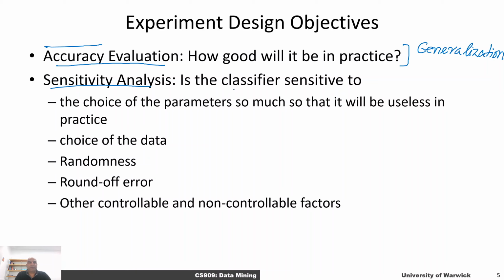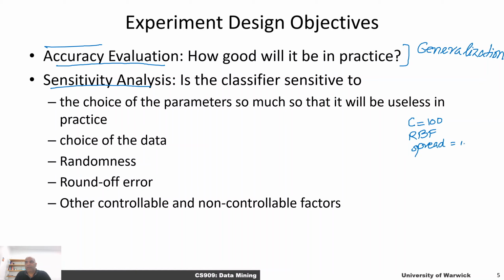For example, we may be interested in understanding whether a given classifier or machine learning model is sensitive to the initial choice of weights that you started off with, or is it sensitive to the type of hyperparameters? So, for example, you can have a machine learning model that works when you specify C equal to 100 and you use an RBF kernel with, let's say, a spread parameter of 0.1.